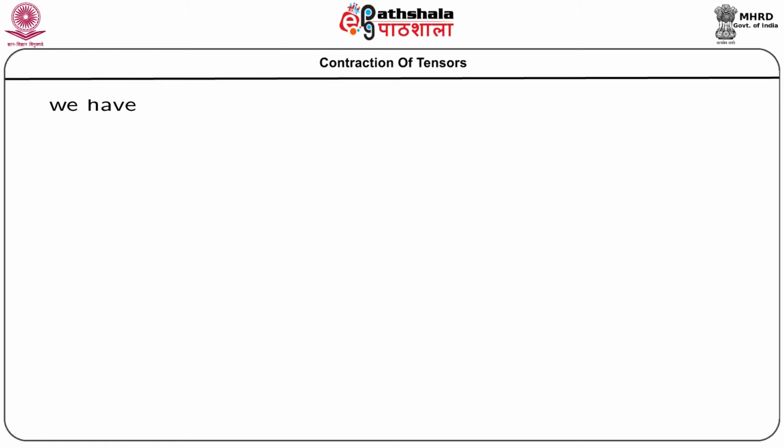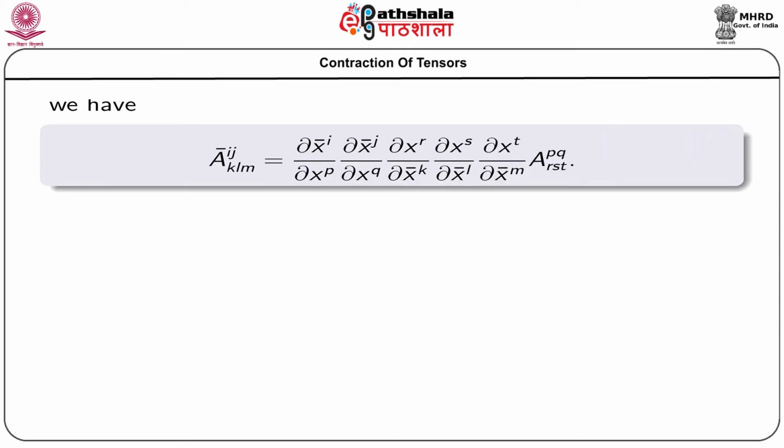For example, let us take a tensor of type 2, 3, that is a mixed tensor of type 2, 3, where the contravariant indices are i, j and covariant indices k, l, m. Then by the transformation law of the tensor of type 2, 3, we have A bar i j k l m equals del x bar i by del x p, del x bar j by del x q.